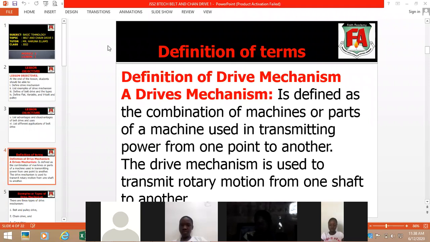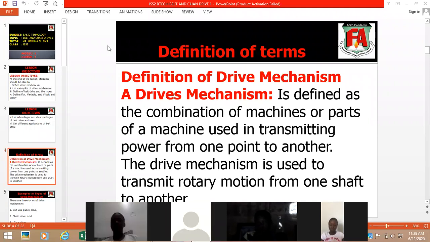The drive mechanism is used to transmit rotary motion from one shaft to another.